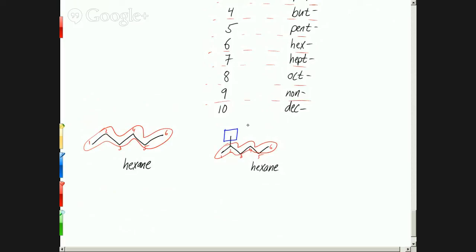So if it's a hanging off thing, we call it meth, and then we add YL. We call it methyl. So those substituents, those things hanging off, get a YL, and that's called a methyl substituent. And we stick that on to the beginning of the name right next to our main chain. So this becomes methylhexane, all one word.